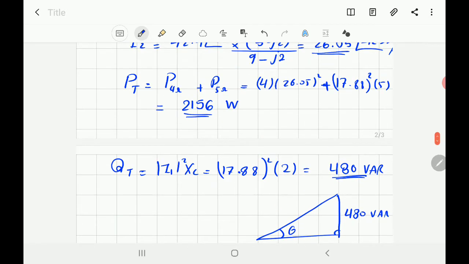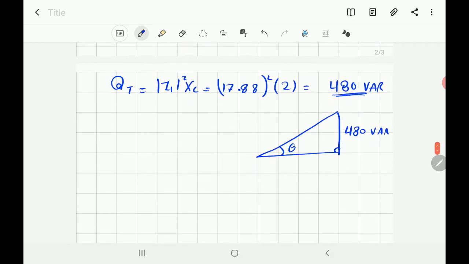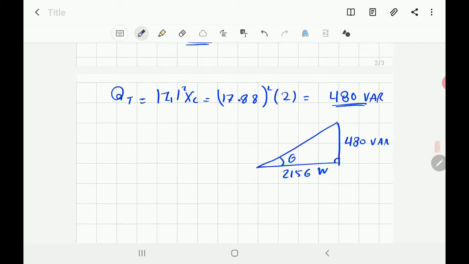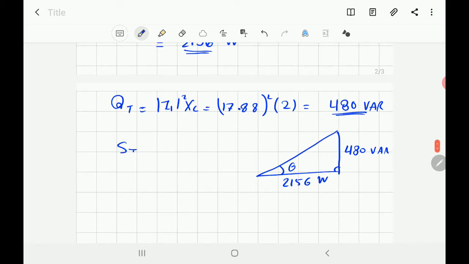The power total is 2156 watt. So now we can find S total. Using Pythagorean, it will be the square root of 2156 squared plus 480 squared. You get S total to be 2209 volt ampere.